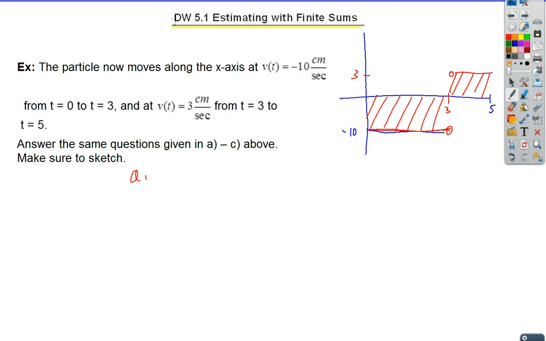From looking here, it moved 3 times 10, or 30 centimeters, to the left. And then it moved 2 times 3, or 6 centimeters, to the right.